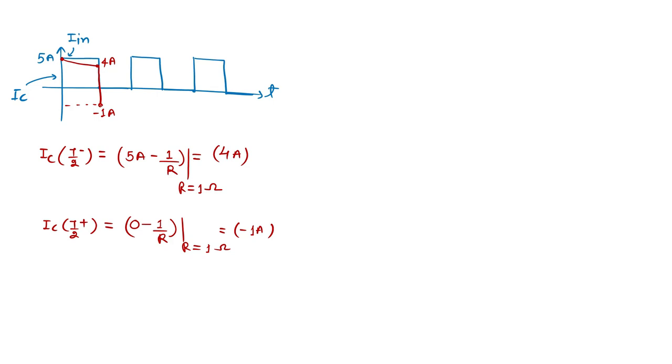After that it will reach some higher value, let's say minus 0.8 ampere, and from here it will reverse back to some high value, let's say 4.2 ampere, and after that it will reduce to some value.